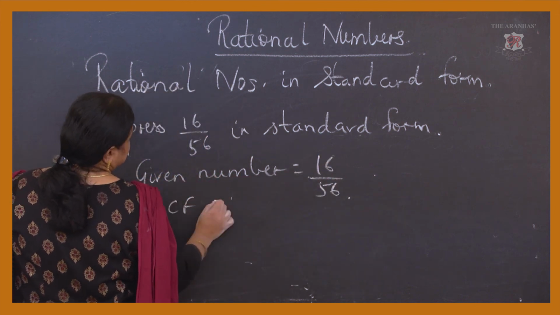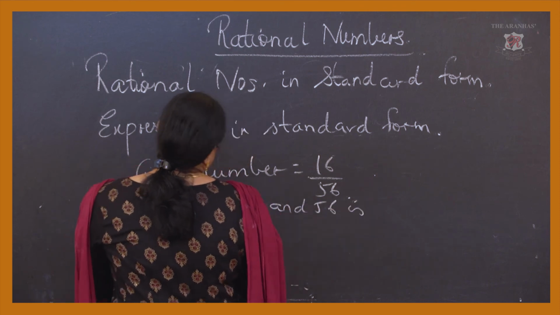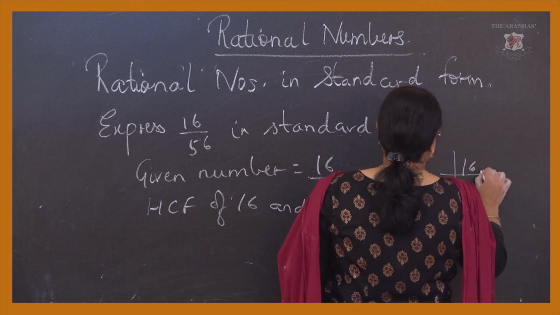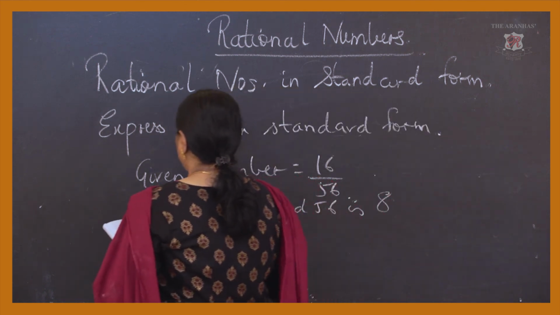You take the HCF of 16 and 56, which is 8. Eight 2s are 16, eight 7s are 56.